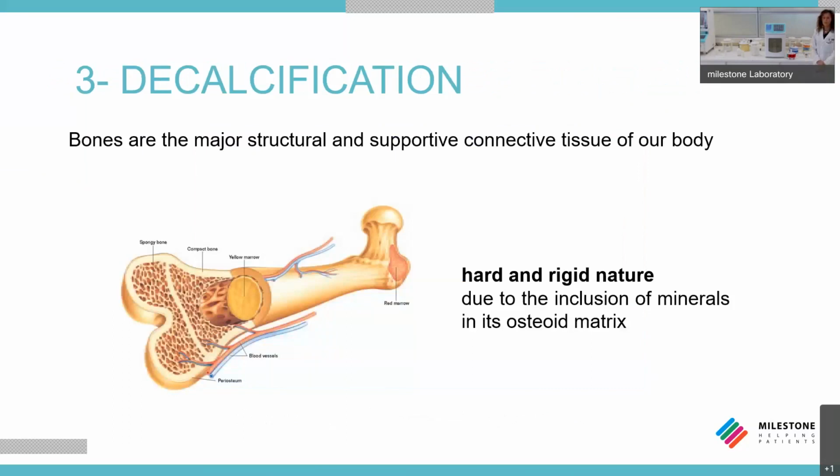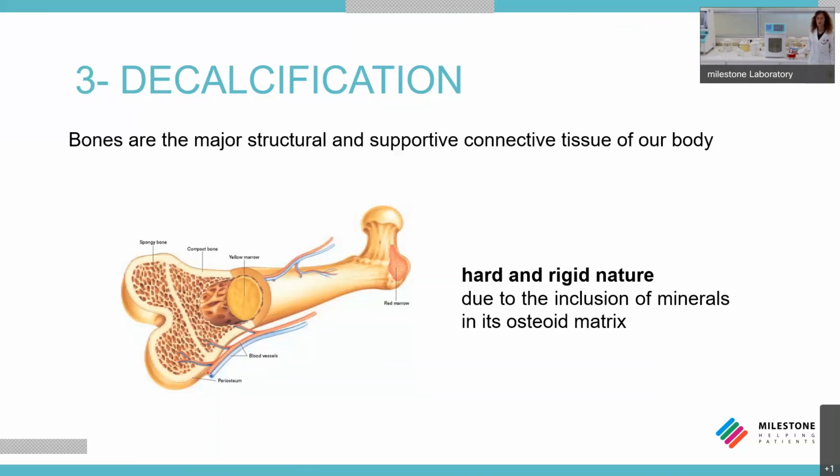Now we move to the decalcification, which is another important common application you can perform in your lab daily routine. As you know, bones are the major structural and supportive connective tissue of your body, and they have a hard and rigid nature due to the inclusion of minerals in osteoid matrix that gives strength and rigidity to the body.